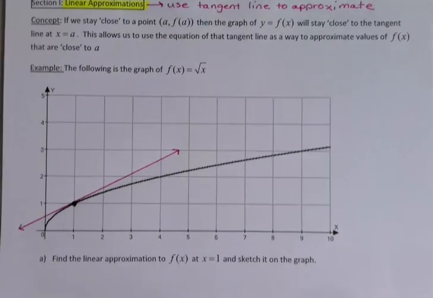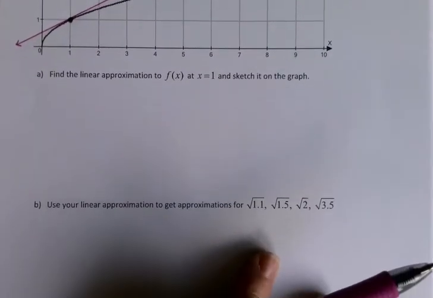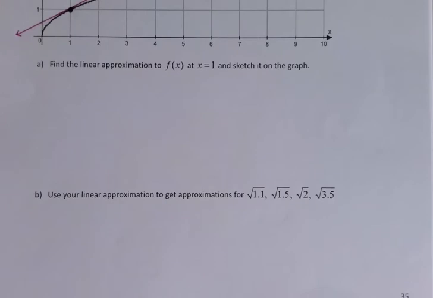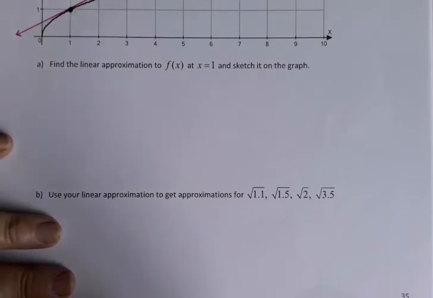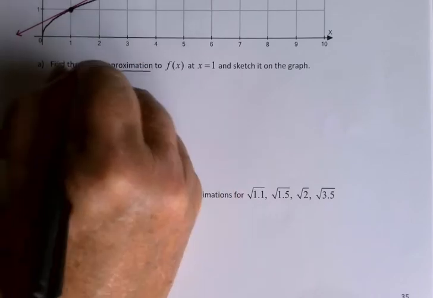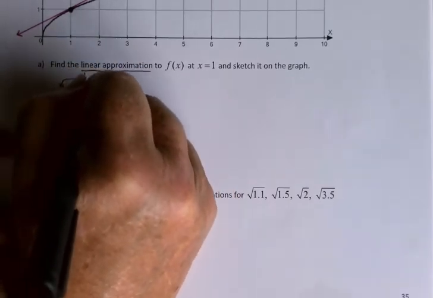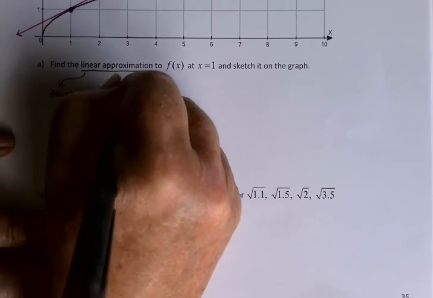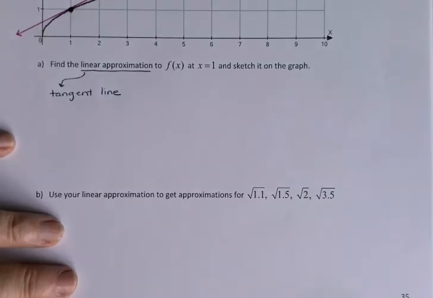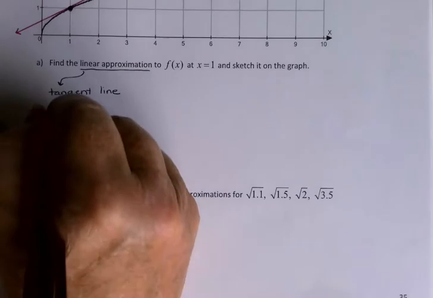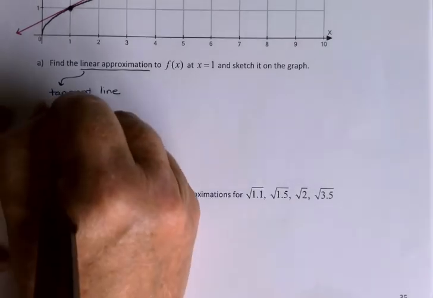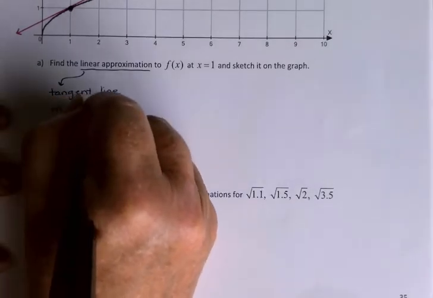So let's try it. In part A, it says to actually find the linear approximation to f of x at x equals 1. We've already kind of sketched it, but we'll verify that we sketched the right line by finding that linear approximation, which is nothing more than the tangent line. So as always, to find a tangent line, you need a slope and a y-intercept, or slope and a point. Our slope is always our derivative.